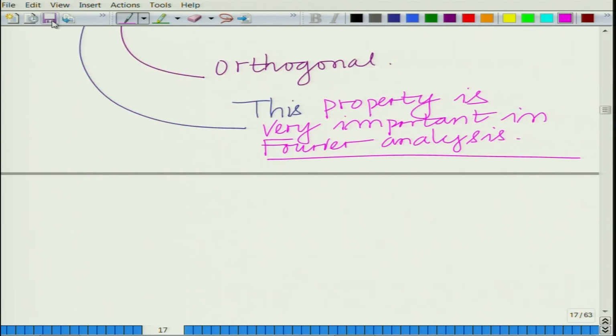Let us now go to this notion of the norm of a vector. So, what we mean by the norm of a vector?